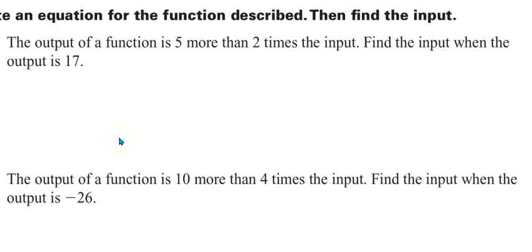Okay, now let us discuss our output and input. Function. What is a function? In our chapter 1, lesson 16 and 17, we learned about functions. A function is a relation. We have input, we have output. For input, we use x. For output, we use y. Now we start to translate.